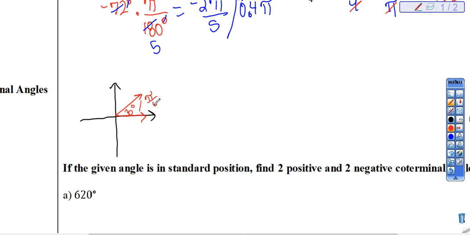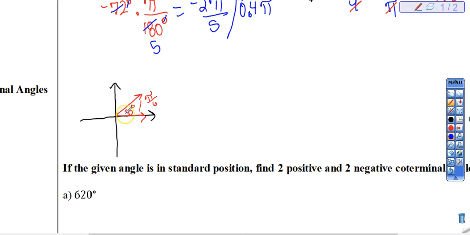Now, if I want to find angles that are coterminal to this 30-degree angle here, a coterminal angle has to have its terminal side in exactly the same position. So it will look exactly like that angle right there. Same initial side, same terminal side, but different measure. And it has to be positive. So what could I do?